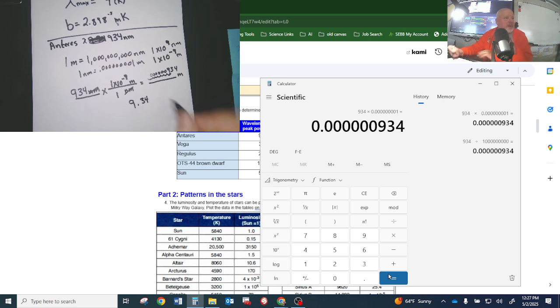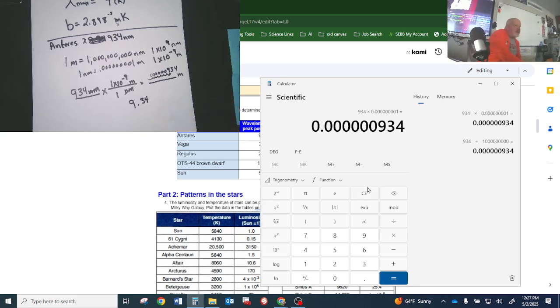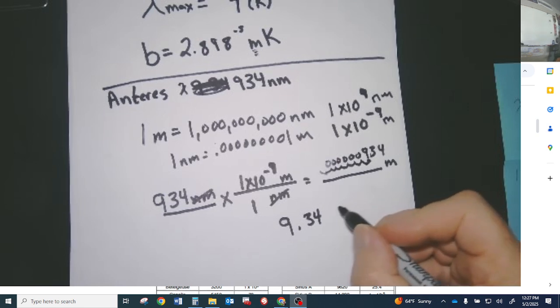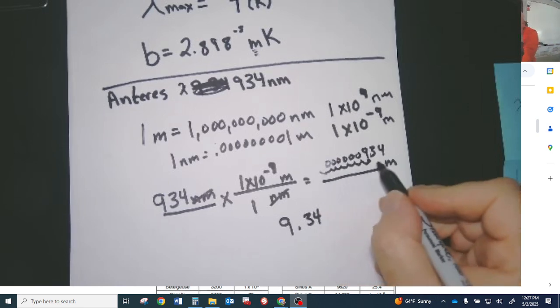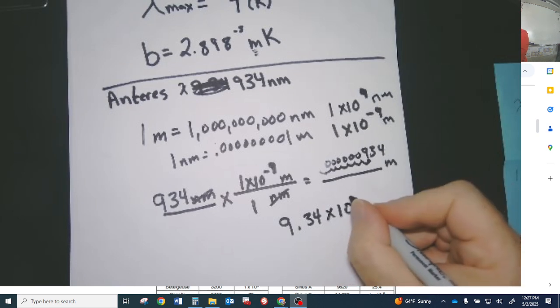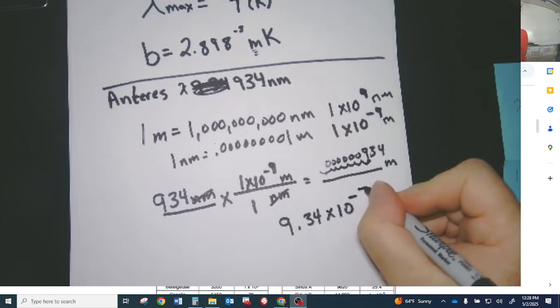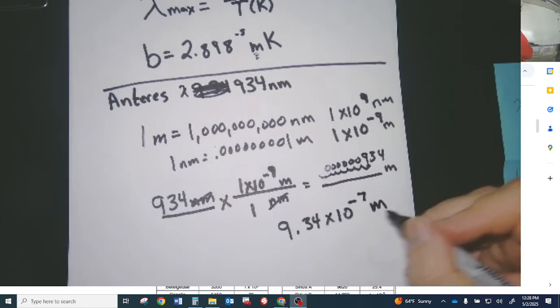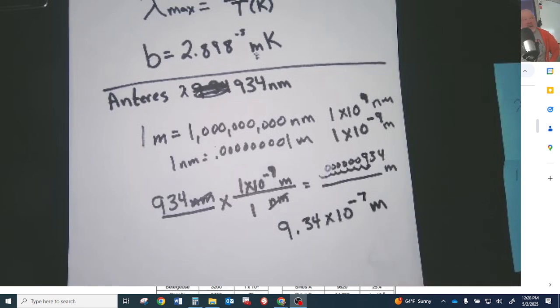Let me enlarge this for you. 9.34. It's a small number, so it's going to be times 10 to the negative. I moved it 7 times, 7th power. So in the next column, you would write 9.34 times 10 to the negative 7.